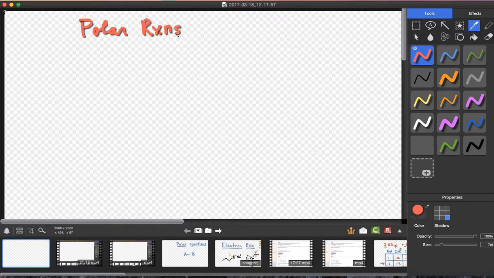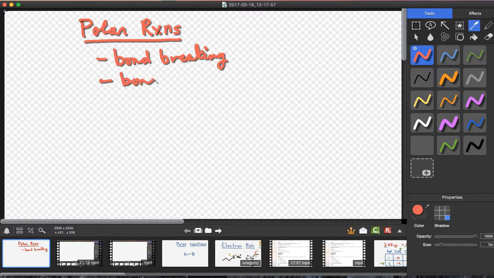Polar reactions have one thing in common, and that is that the bond breaking processes and the bond making processes always involve the movement of two electrons. Sometimes we refer to this as heterolytic chemistry.